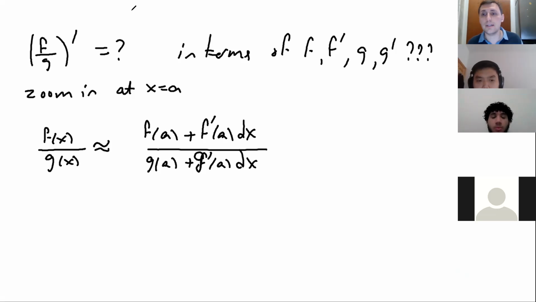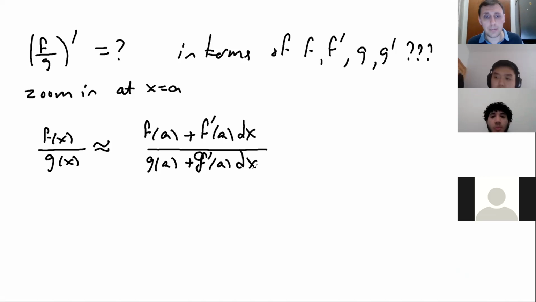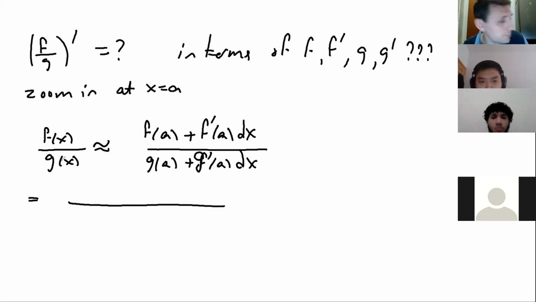I want to see something that looks like an equation of a line. So might as well multiply by the conjugate of the denominator. Do you agree? You have this thing, I multiply by the conjugate of the denominator, and I will write it this way. So we have g a squared minus g prime a dx squared.